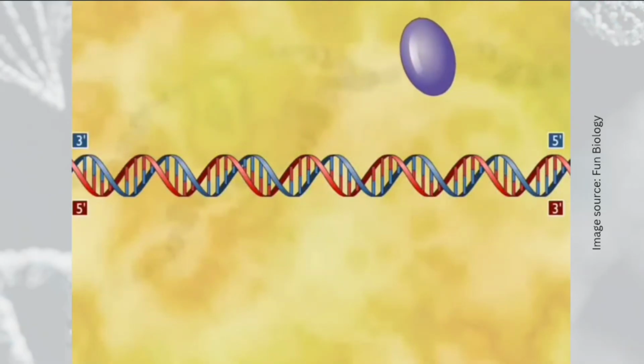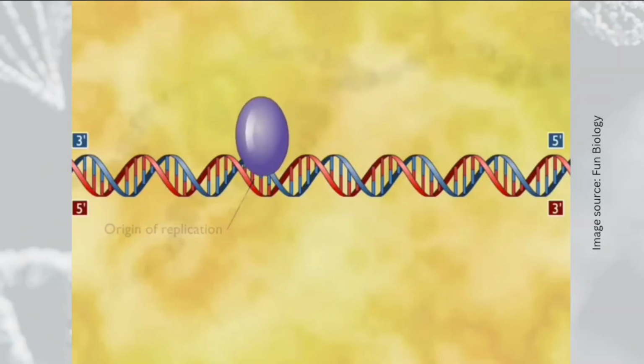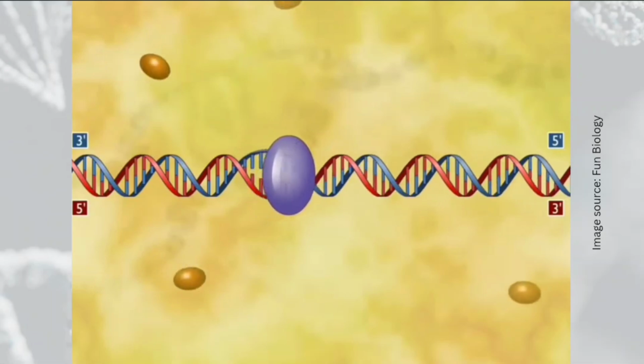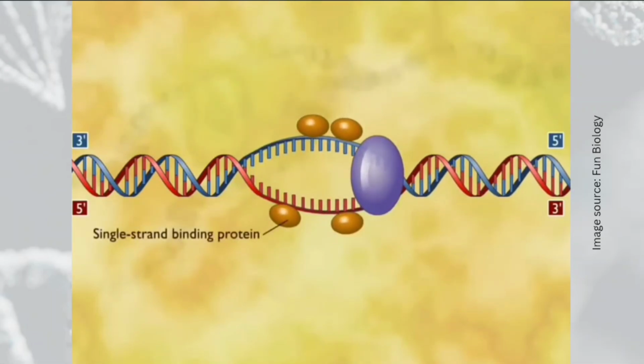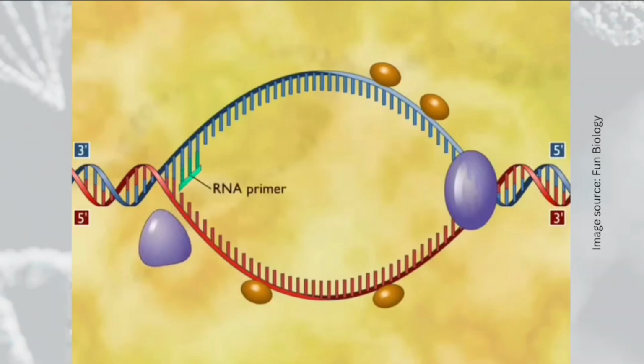Here you can see that in the origin of replication, first the helicase enzyme has bound and it is unwinding the two strands, and single strand binding proteins are stabilizing this. Primase has come and it is inserting the RNA primer.